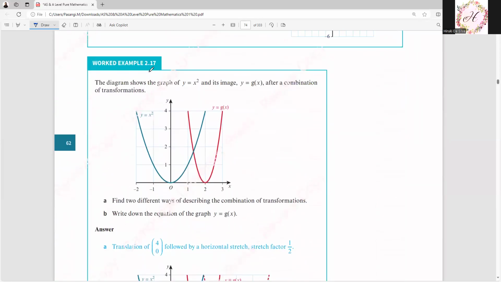Okay, so now for worked example 2.17 also, here we have y is equal to x squared, and the diagram shows the graph of y is equal to x squared and its image, y is equal to g(x), after a combination of transformations as well.